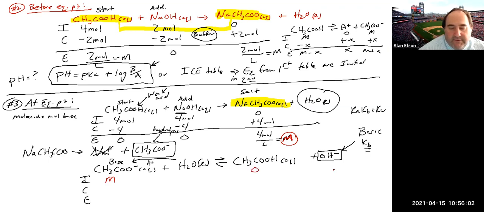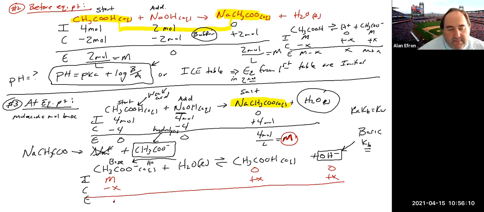This would be 0, 0, and the rest of the table will be X's. Typically if you're using molarity, X's is what you use. Molarity minus X, X, and X. At this point, as I mentioned, Kb is what you need to put that into. You would use the Kb value and expression and solve for X.